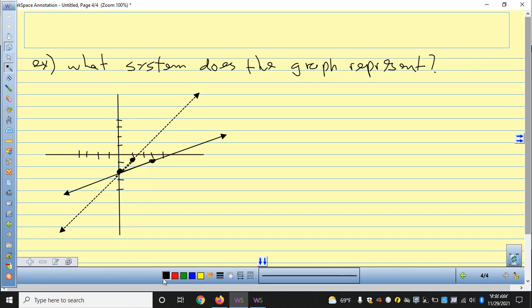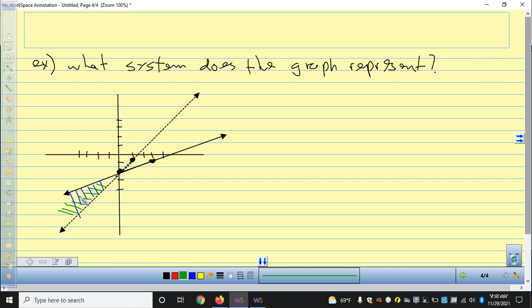And I'm going to shade in here. So we want to know what system of inequalities this graph represents.